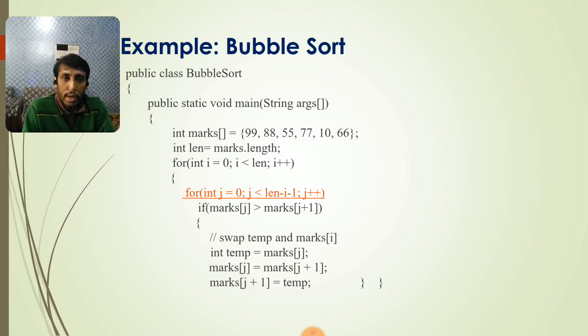This way the numbers are swapped. After the numbers are swapped, we'll compare again because the loop is still running. So 99 and 55 will be compared because 99's position has changed to 1. So 99 is greater than 55. Yes, true. Again we will swap it. So swapping will be done like this.